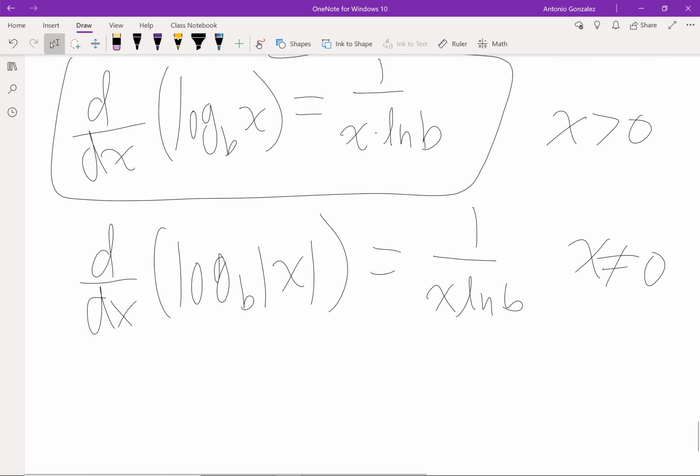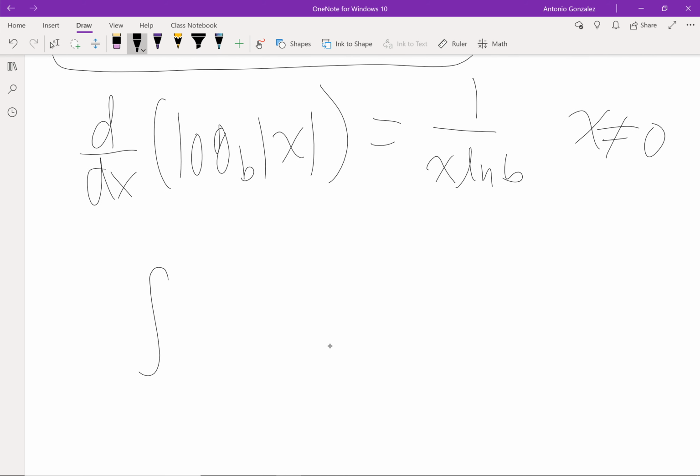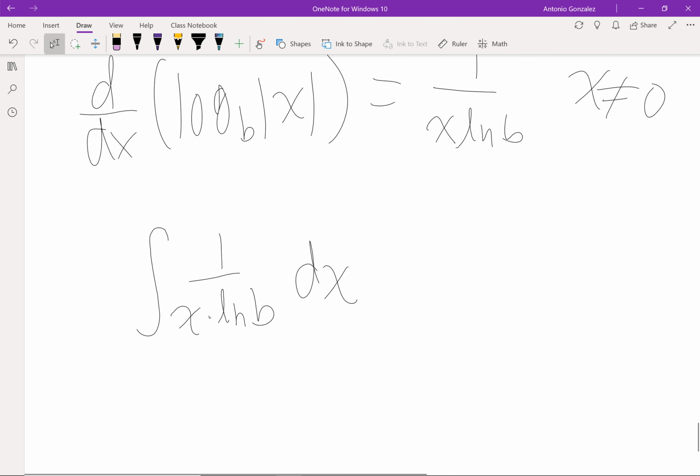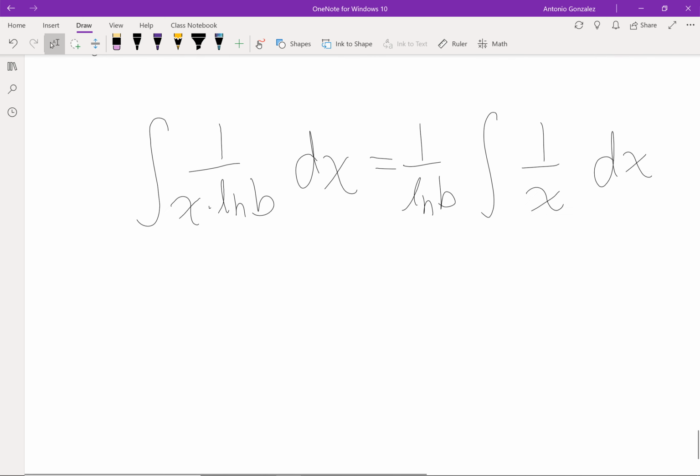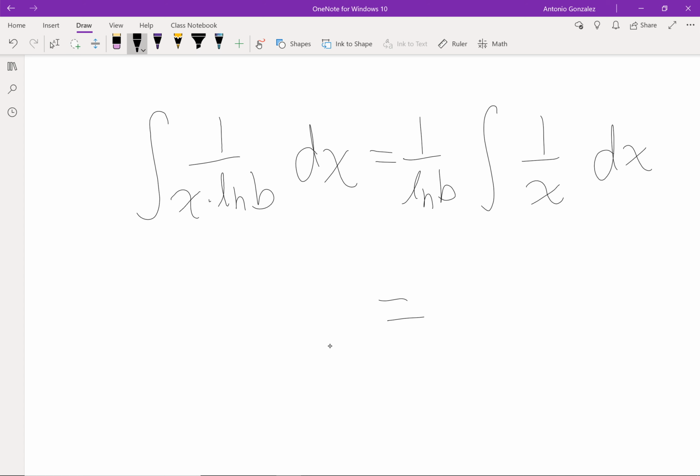If you look at this, remember, if we have something like this, it won't be incorrect to say log base b of x, but normally what we would do, since ln of b is a constant, we could factor it out.